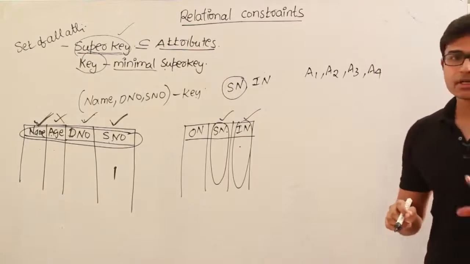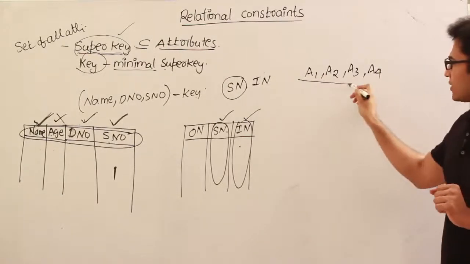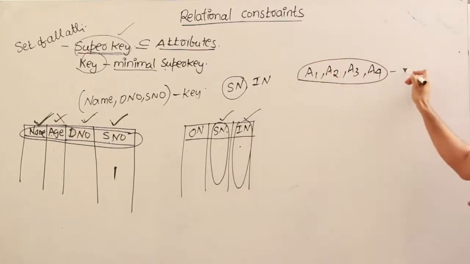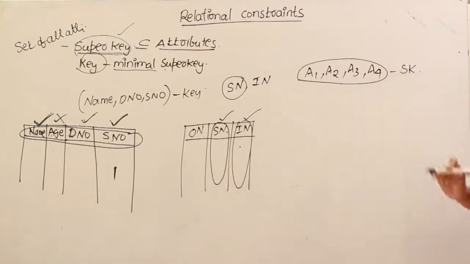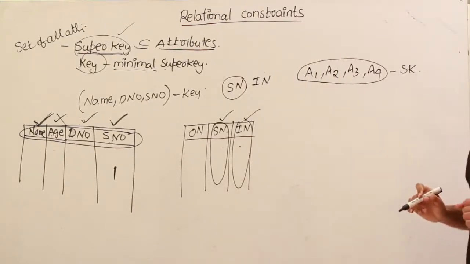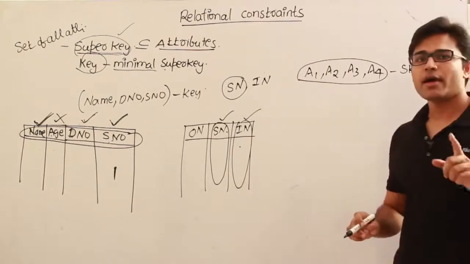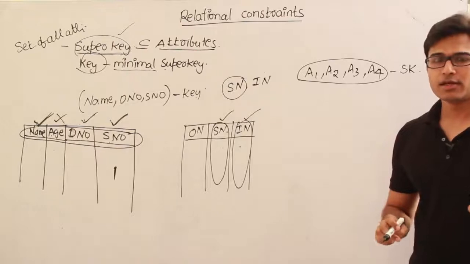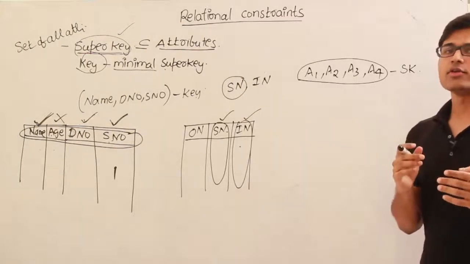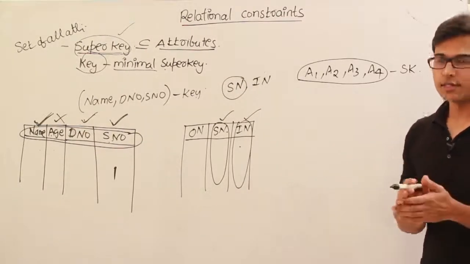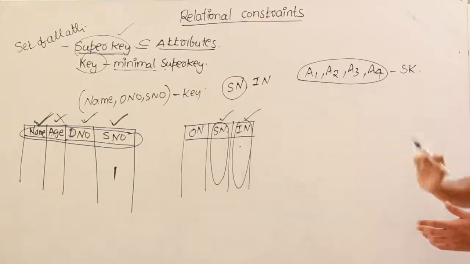All these attributes put together can be called a super key. This is true from the definition of a relation itself: no two tuples have the same values for all the attributes. Therefore, all of them together form a super key.